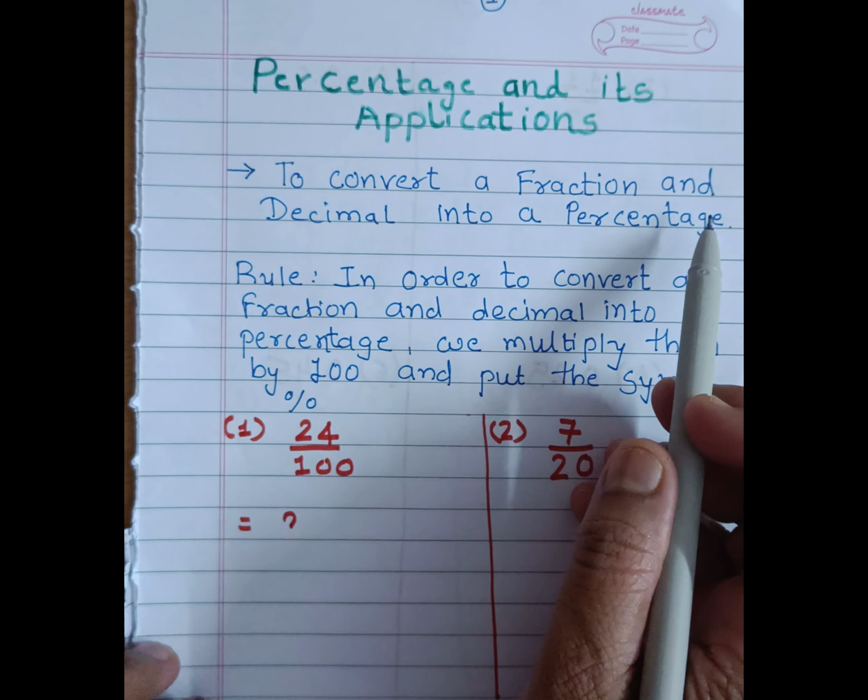Now 30% is equal to 30 by 100, which is equal to 3 by 10, which is equal to 0.3. 0.3 is our answer, which is the decimal form of 30%.